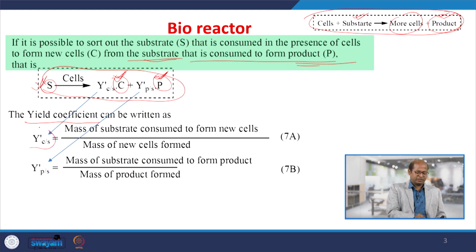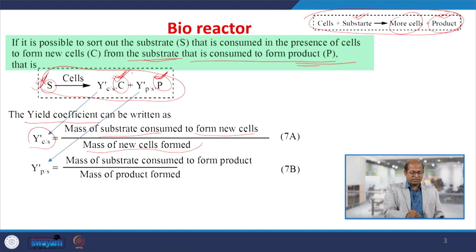So, see here Y prime C by S is the mass of the substrate that is consumed to form new cells per mass of the new cells formed, means here new cells are formed, here substrate is consumed.